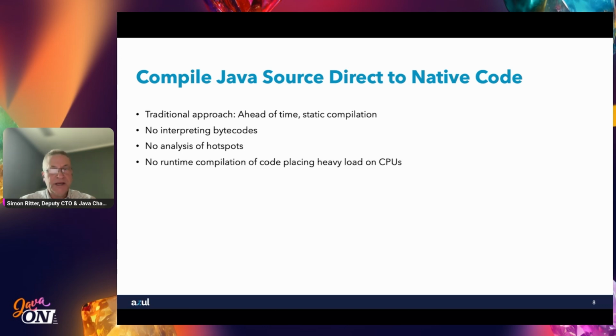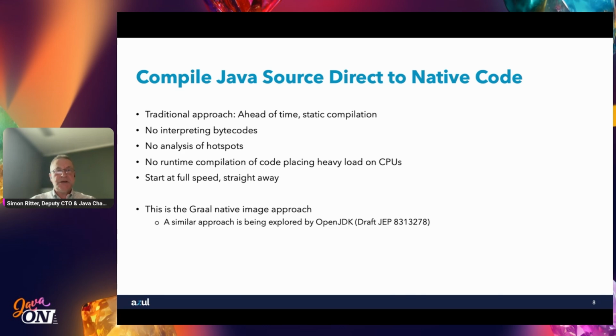We don't have to do compilation of the code whilst we're running the application, which also reduces that load on the CPU, meaning that we've got more resources available to run the application because we're not having to share the CPU between doing the work of the application and compiling the code at the same time. The other benefit is that we start right away at full speed and we don't have to go through this warm-up effect.